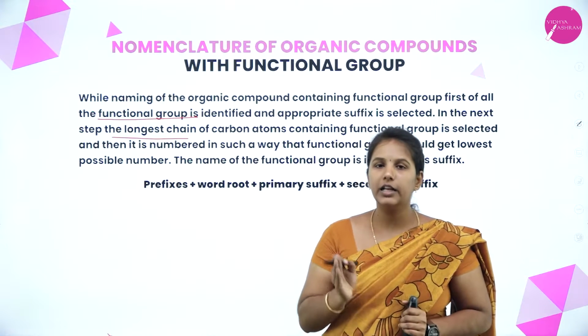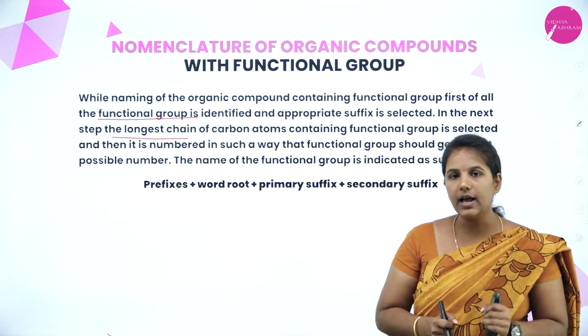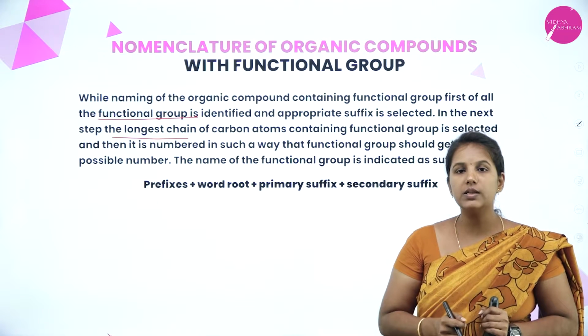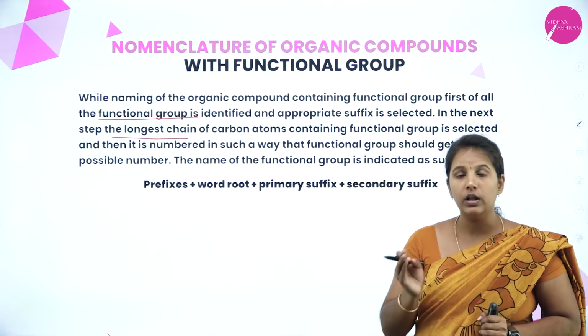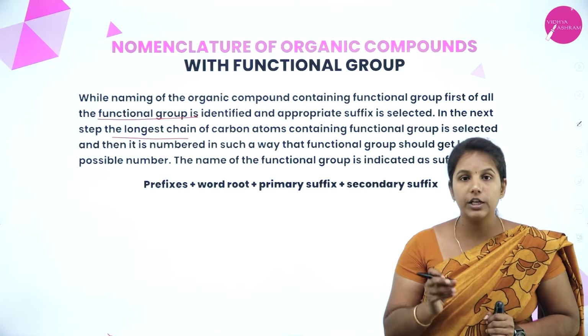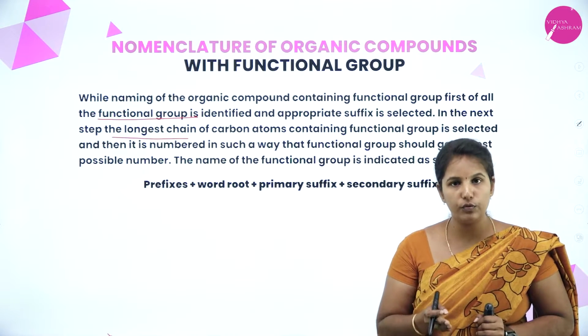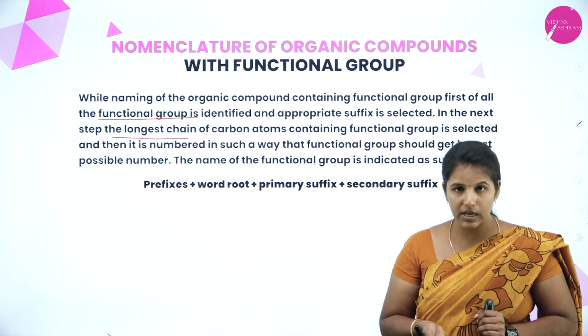This is the thing that we should follow, and in the last class also we have learned the basic rule that we have to follow with the nomenclature of organic compound. The first and foremost is we need to add the prefixes, then root word, primary suffix and secondary suffix.